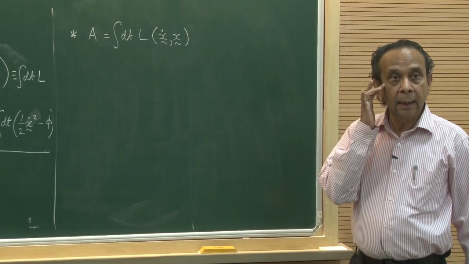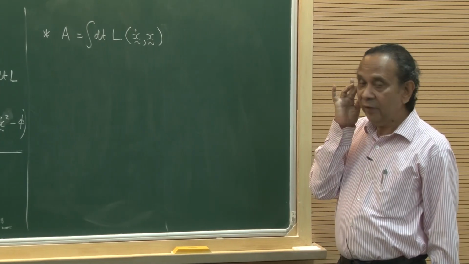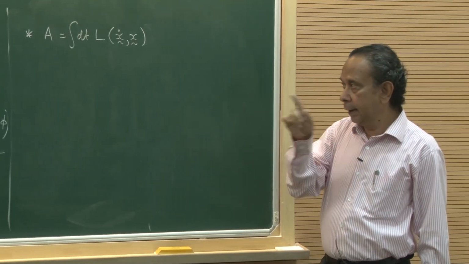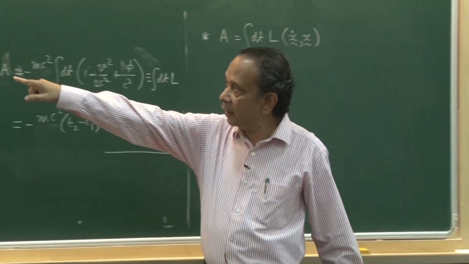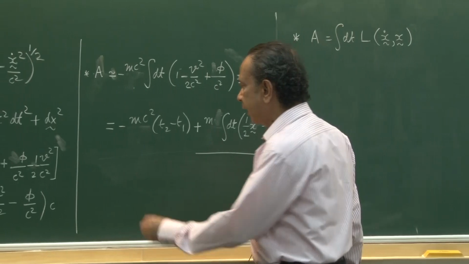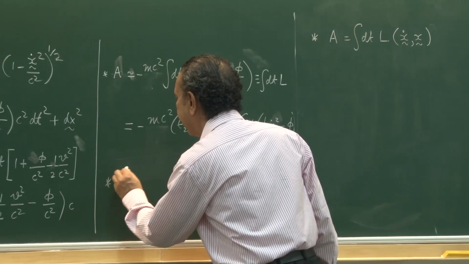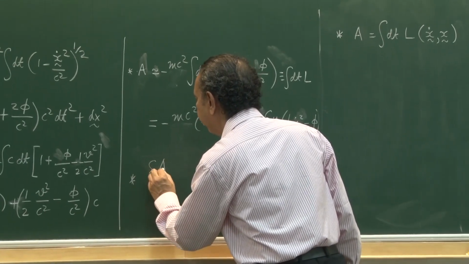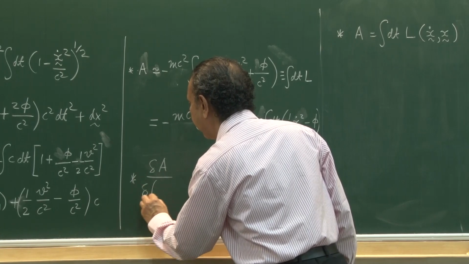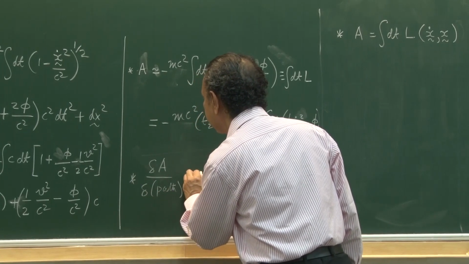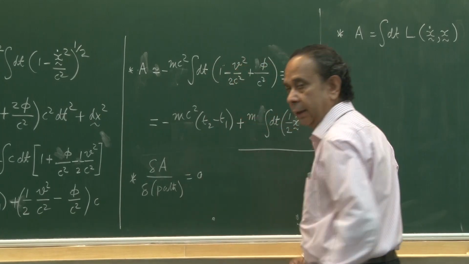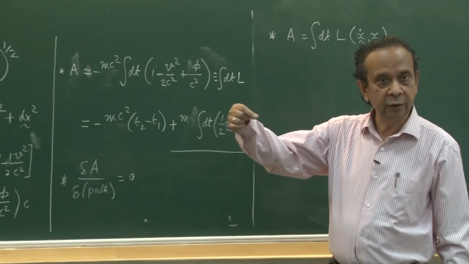Okay. Now, we also found in the earlier lecture that this whole idea of writing it like this is that if I do delta of this A with respect to the path or history and you equate it to 0, that path is going to be singled out.